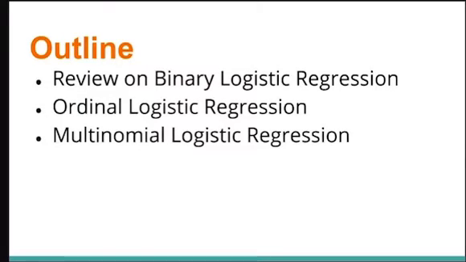So in the outline, I'm going to have a quick review on binary logistic regression. Then I'm going to talk about the ordinal. Then lastly, I'm also going to talk about the multinomial. So these are logistic regression type models.